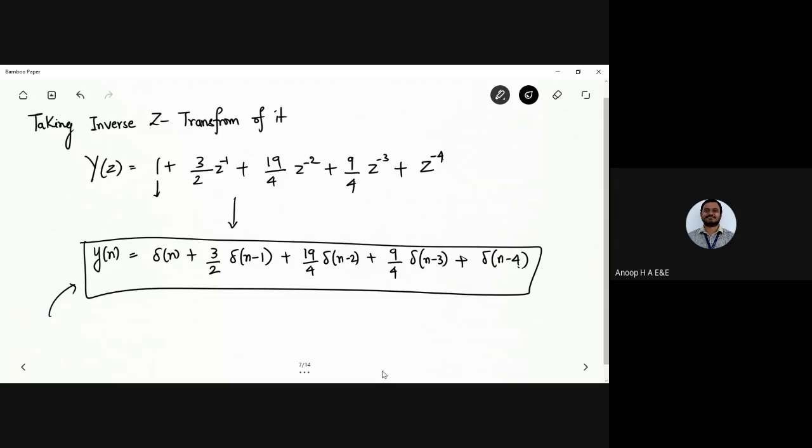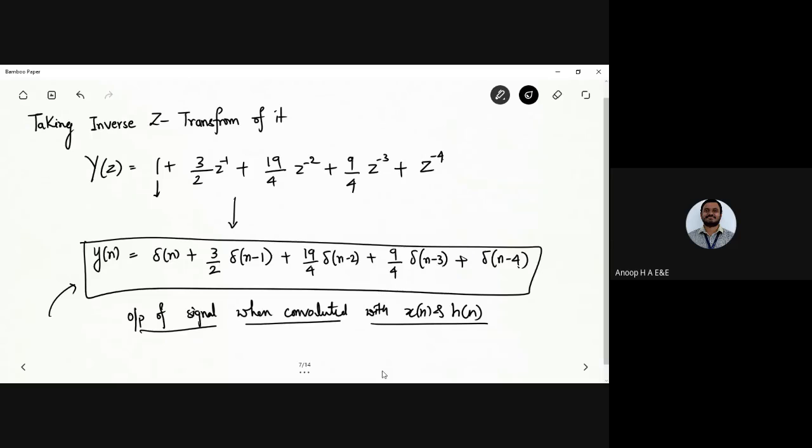So this is the output of the signal when convolved with x of n and h of n.